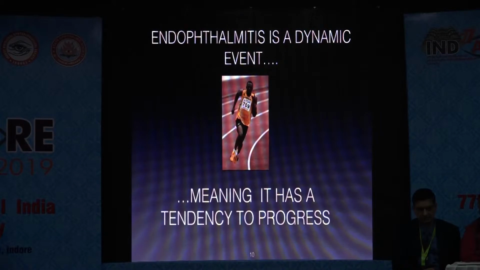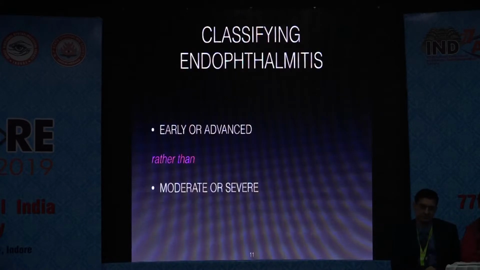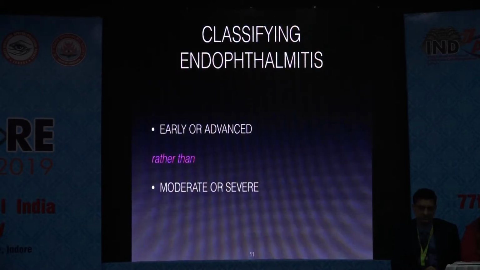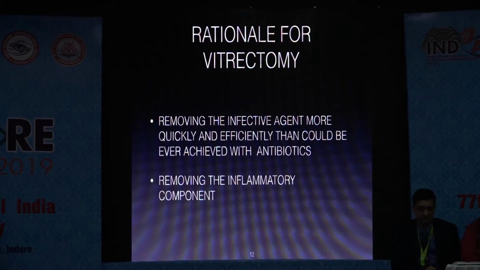This will change your mindset, because if you find an endophthalmitis which you think is moderate, it means it's early. It means that it will evolve into something more serious. So you're given a chance to treat that patient before this happens, and you should not lose that chance. So I would classify endophthalmitis as early or advanced rather than moderate or severe.